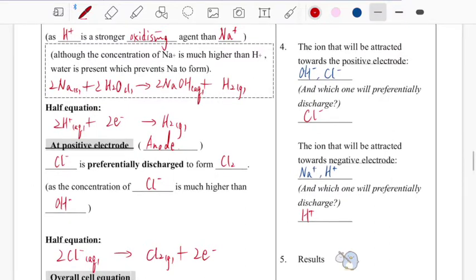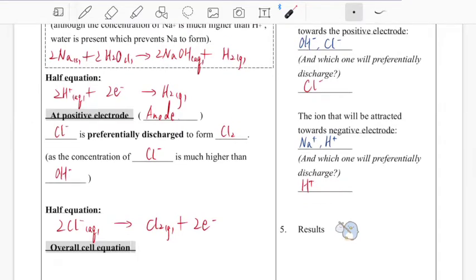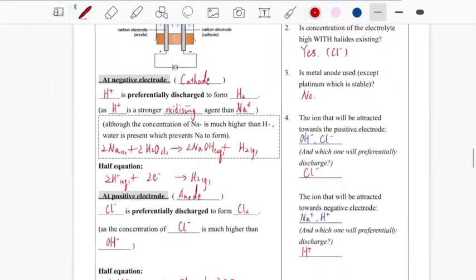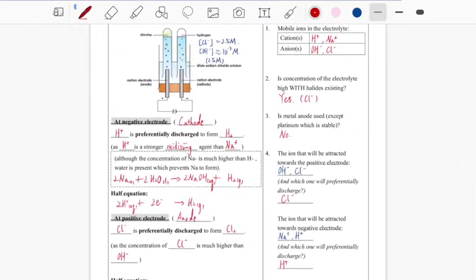By combining the two half equations, now we can work out the overall equation. So just add these two, and the overall equation would be hydrogen ion plus chloride ion, and then release hydrogen gas and chlorine gas. If I take a look at the diagram here, we can see on the left hand side, which is our positive electrode, chlorine gas is produced.